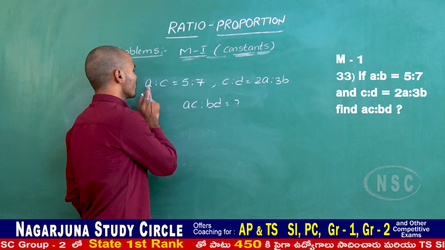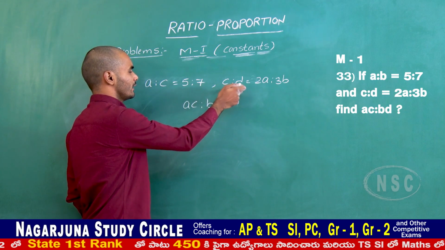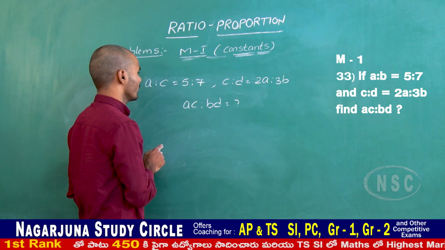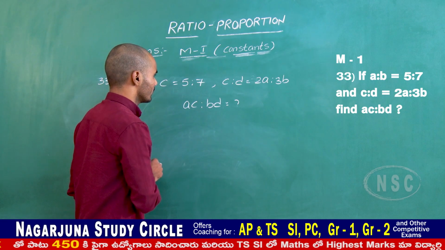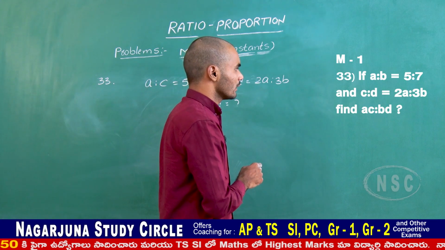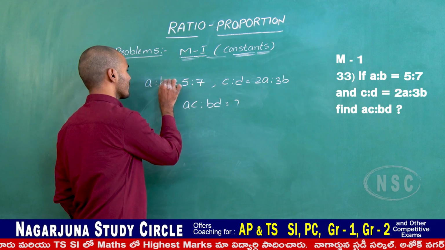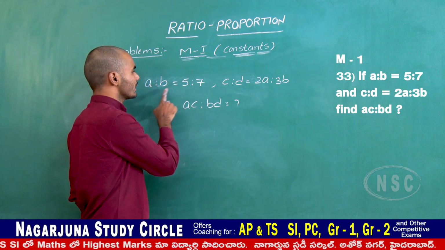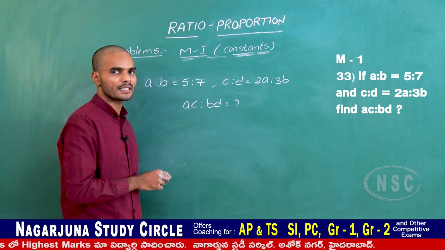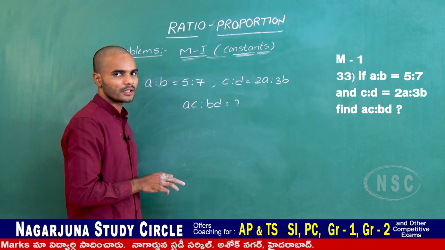Just observe the values of A, C, C, D. Once observe the values of the given question, it is AB. This is not AC, this is AB. A is to B is equal to 5:7, C is to D is equal to 2A is to 3B.